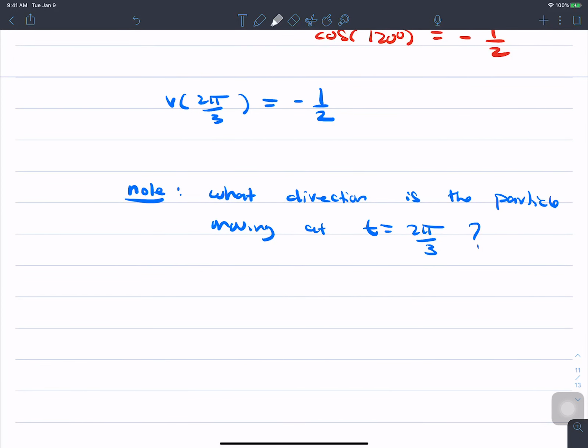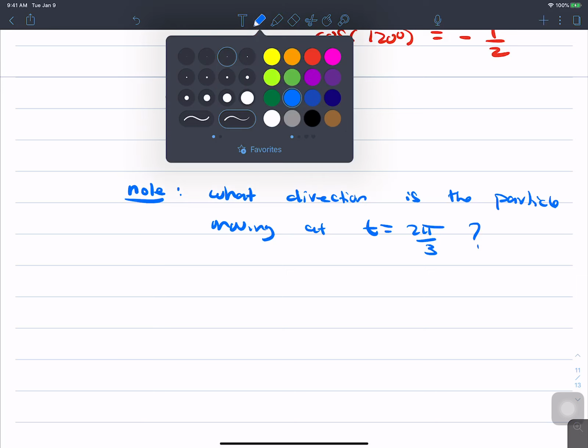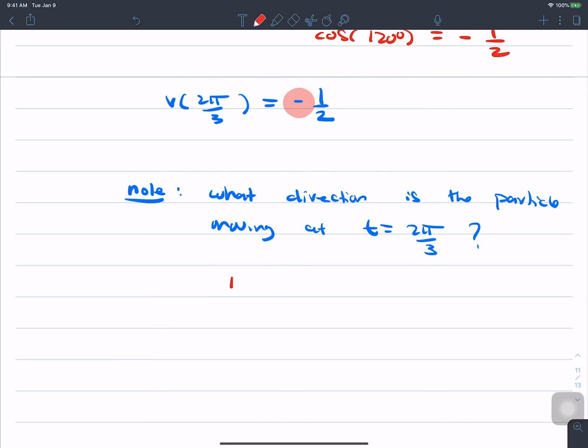Since my velocity is negative, the particle is moving in the negative direction, horizontally to the left. Or sometimes they say backwards, whatever. It's moving to the left because the velocity is negative, right?